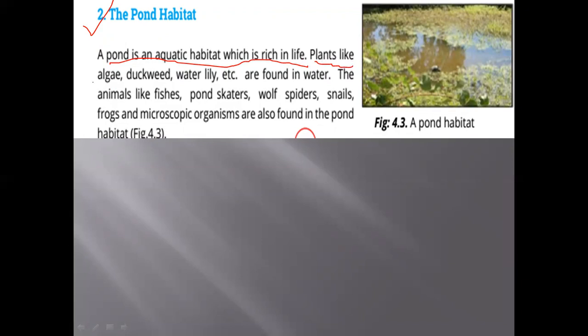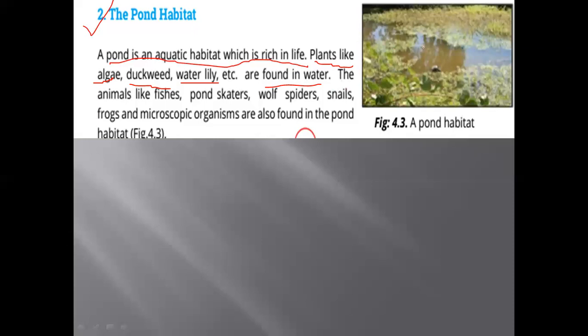Plants like algae, duckweed, and water lily are all present in the pond. You see, these types of small plants, they are duckweed and some algae.